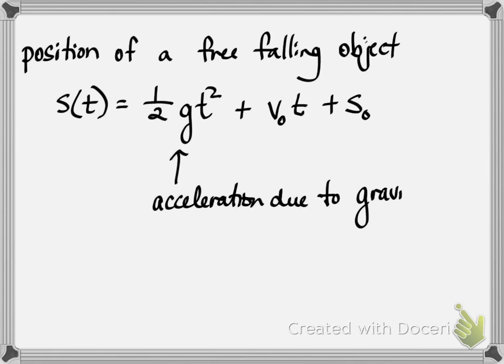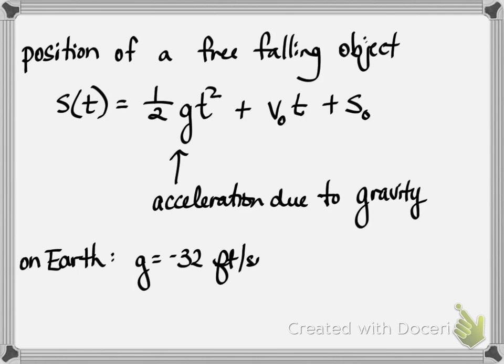And if we're doing these experiments on Earth, then g is negative 32 feet per second, and you need to ask Miss Peterson about that feet per second stuff, or negative 32 feet per second squared.